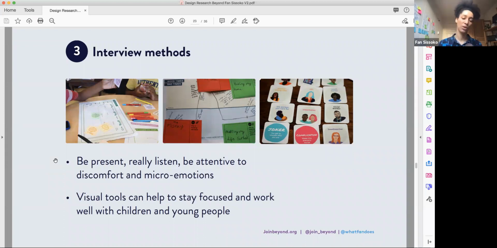It's less about the questions list, and it's less about the tools that you might bring into it, and it's more about you as a researcher, how you are present, and how you're showing that you're actually present, that you're really listening, and that you're attentive to discomfort and micro emotions that might be going on for that person, that might not be easily perceptible, but it's about ensuring that you make enough space for that person to express that discomfort, for example.